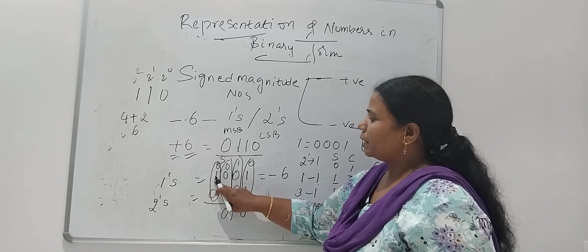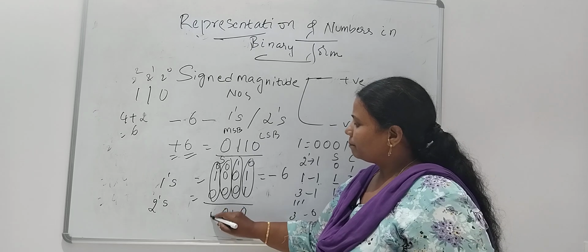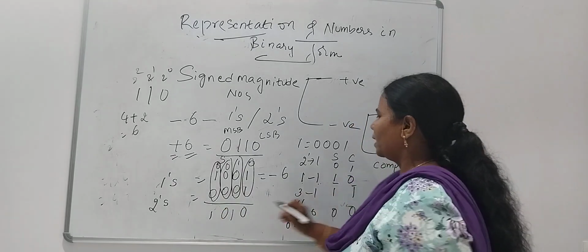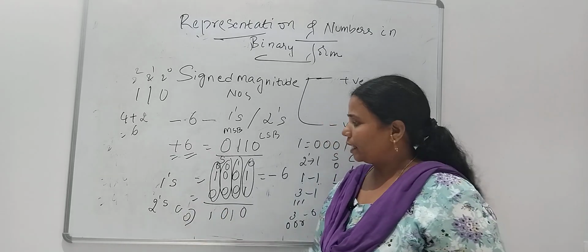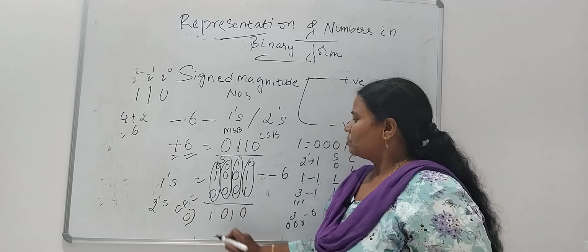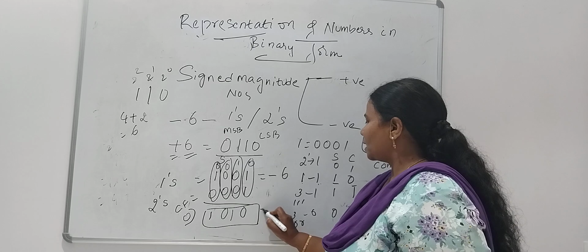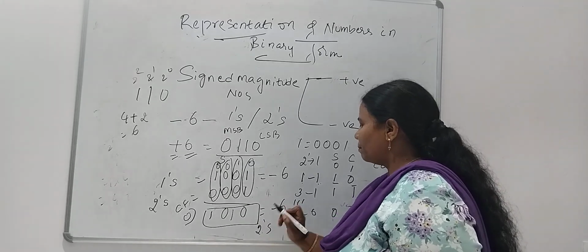Among the 3 inputs, one input is 1, sum 1, carry 0. The carry is placed in the carry flip flop. So what is the value you got? 1 0 1 0. This is nothing but minus 6 in 2's complement.